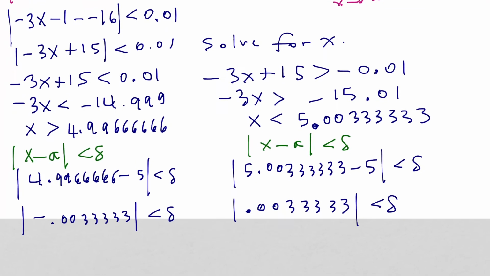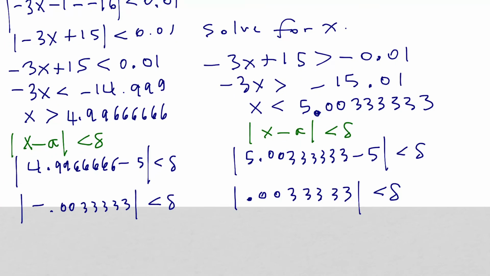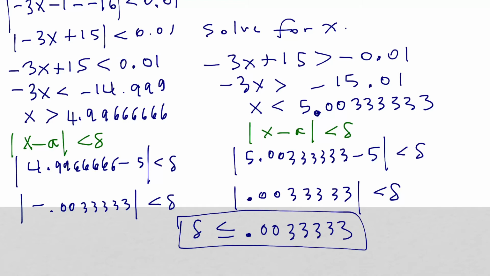All right, so we're working with a linear function, so we expected those two numbers to be equal and opposite. So I'm going to be able to conclude that my value of delta must be less than or possibly equal to 0.00333333. And that's the value of delta that will get me within 0.01 of the limit that I'm looking for.